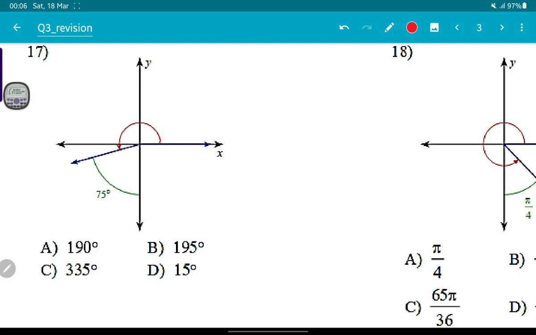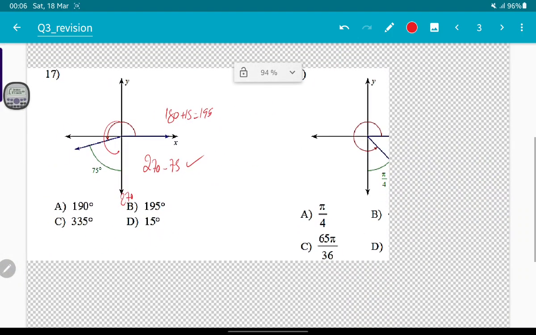This red angle moved through 90, another 90, so it's 180, a straight line. Then you can add this part. This is the missing part from 90 after we subtract 75, so it's 15. So you can add 180 and 15, which is 195, or you can use the 3 quadrants, like 270, as we said this is 270, then subtract 75, this will give you 195 also.